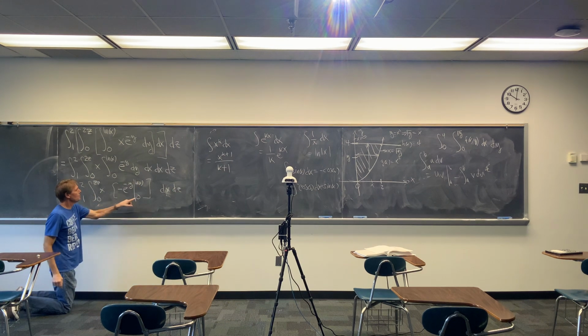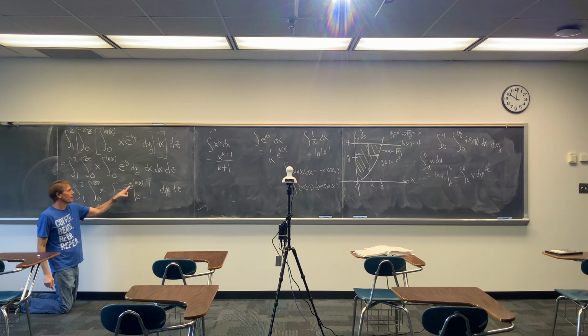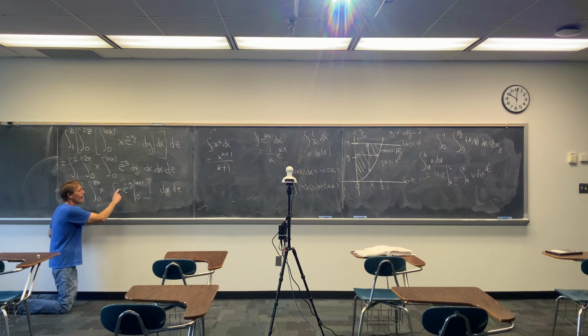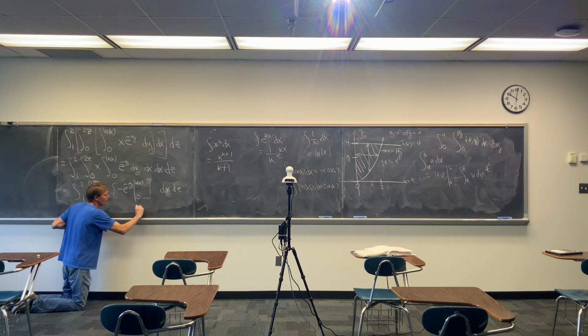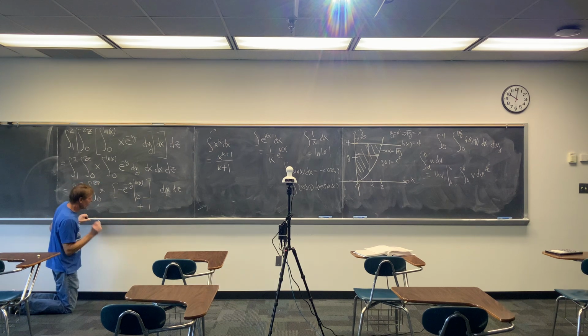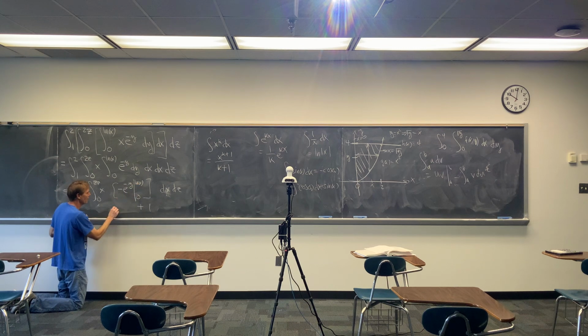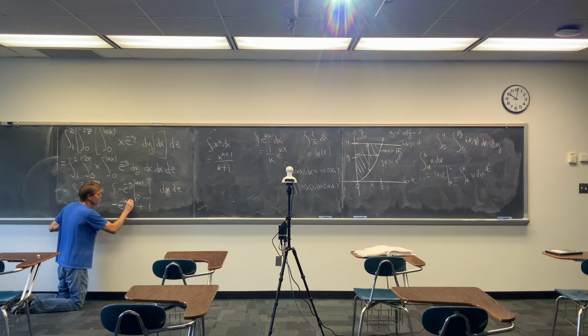Now here's the thing. When you plug the 0 in, what number are you going to get? You get 1. And so I'd have a minus, so it's going to end up being a plus 1. Now here, when you plug the natural log of x in, you're going to get minus e to minus the natural log of x.